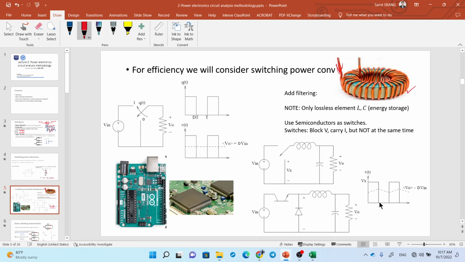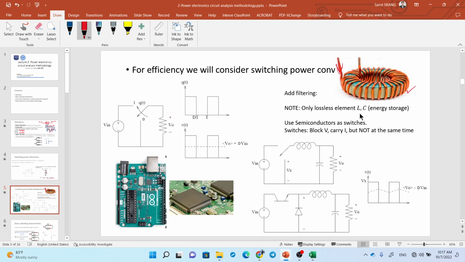So you need these two. The capacitor needs to be connected in parallel with the load, and the inductor needs to be connected in series with the load, because the inductor tries to maintain constant current, right? It resists changes in current.